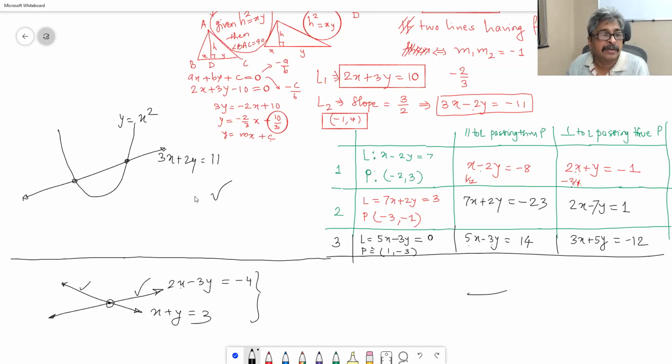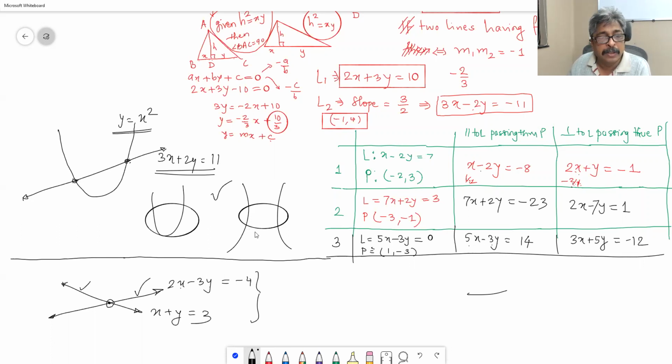If I want to find these points, geometrically points of intersection means solving these two curves simultaneously. Eventually we will have to deal with this kind of system. Maybe a circle is intercepted by a parabola or an ellipse by a hyperbola, and we will find the points of intersection.